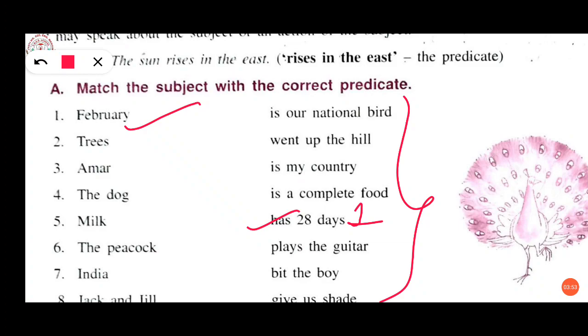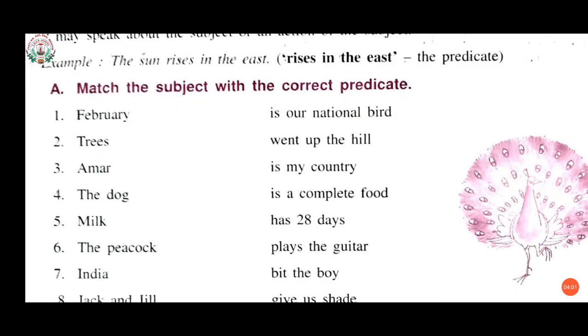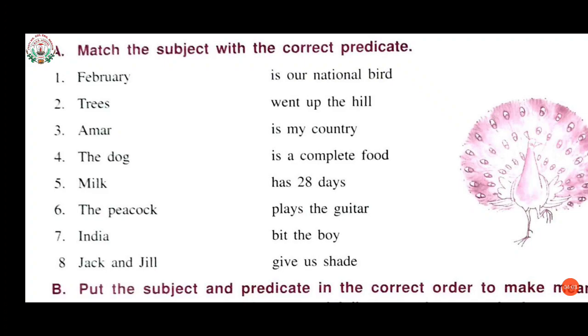Likewise, second one is trees. What will be the correct answer? Trees give us shade. This is the second one. Now third one, Amar. Amar is the subject and what will be the predicate? The third one, plays the guitar.